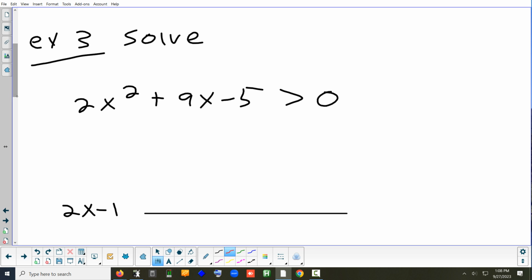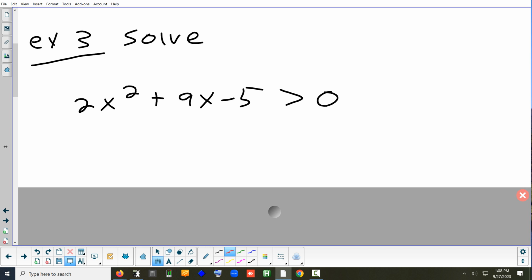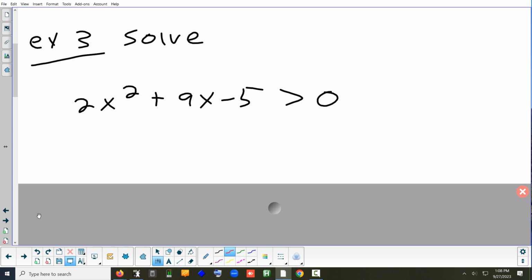Let's try this one. So it says 2x squared plus 9x minus 5 is greater than 0. Okay, if you're going to factor something, what do you always have to get it equal to first? 0. No different here. Okay. If it wasn't equal to 0, I would make it equal to 0 first.